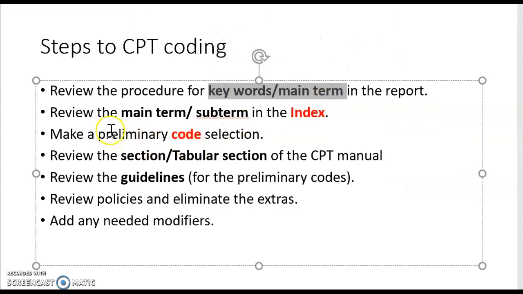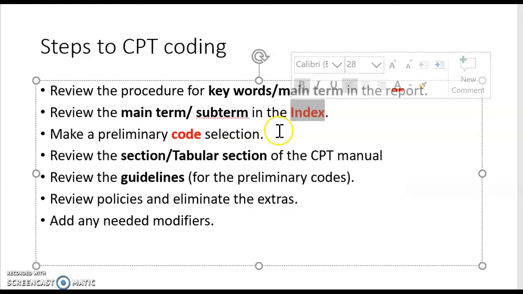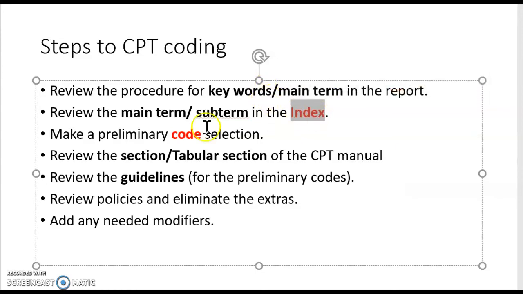The second thing we do is we go and find the keyword or the main term you found in your report. We will go to the manual and find this main term along with the subterm, if there is any, in the index. So the first thing we're doing, finding the keywords, going to the index in your manual, and then finding a preliminary code selection in the index.